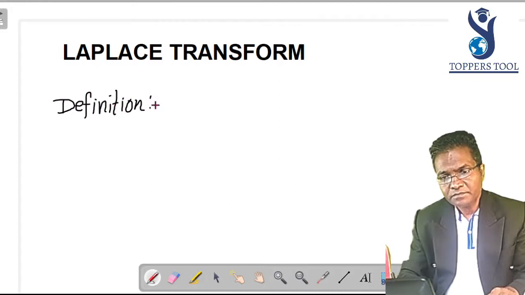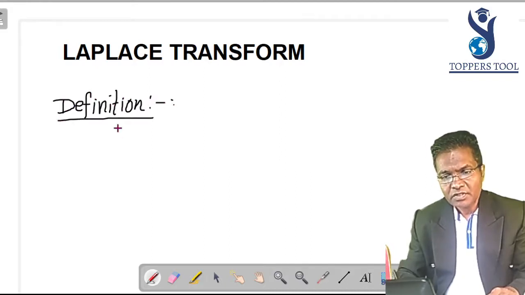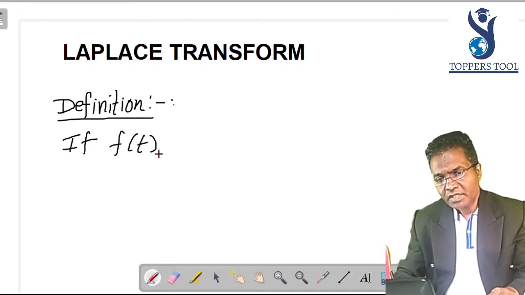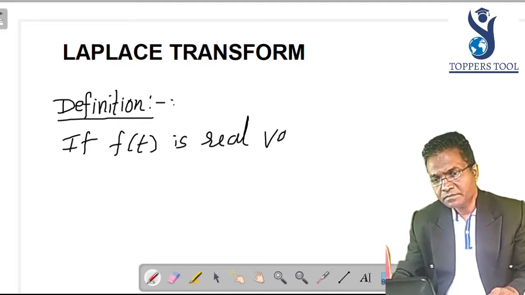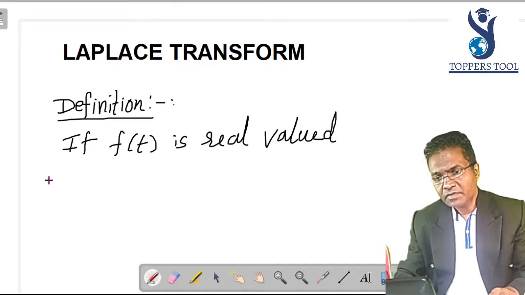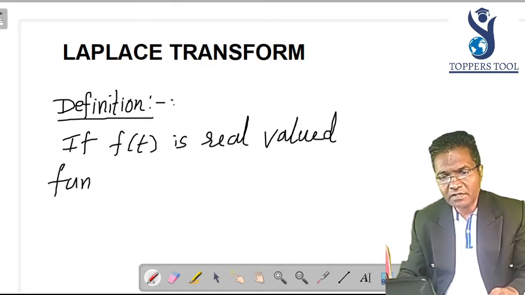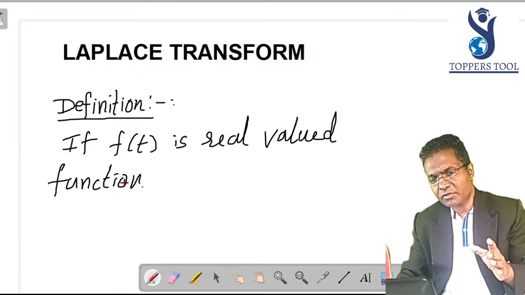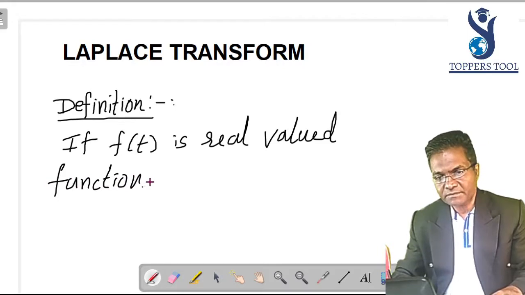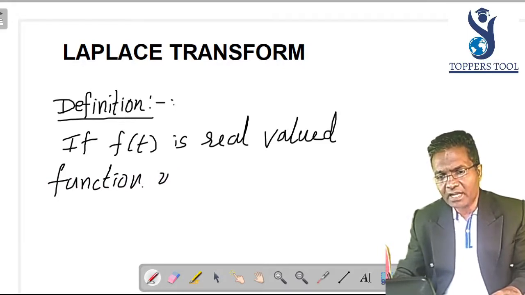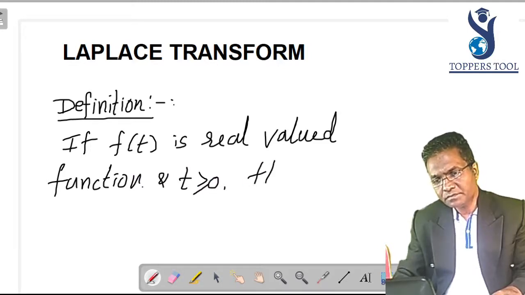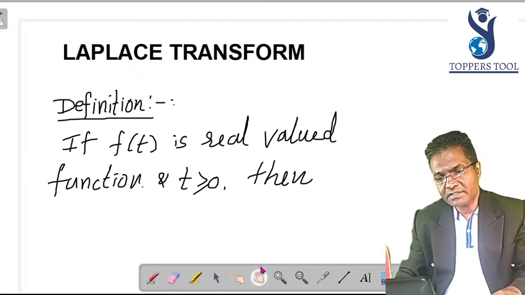If f of t is a real valued function, meaning its domain and range are both subsets of real numbers, and the variable t is greater than or equal to 0, then only this can be defined.